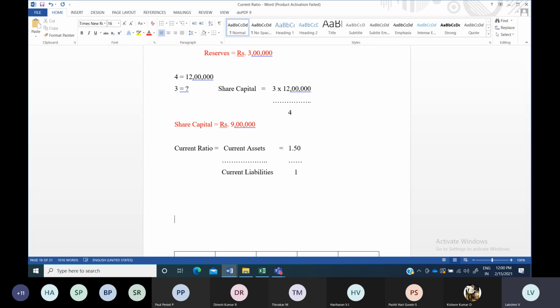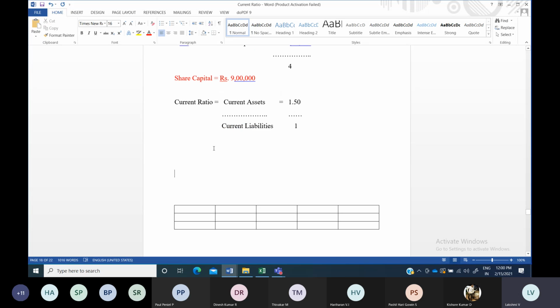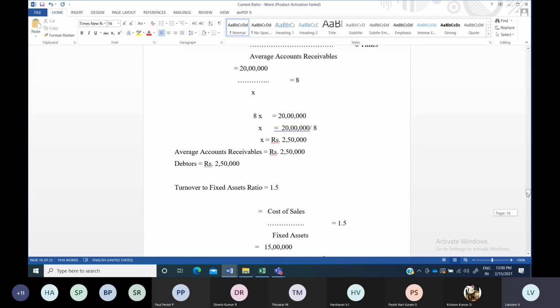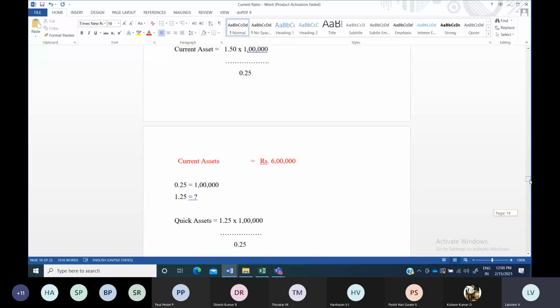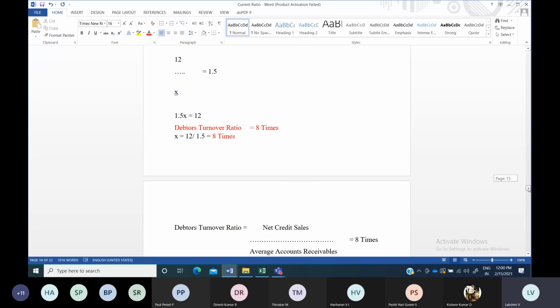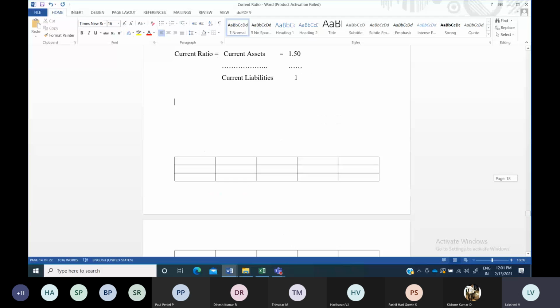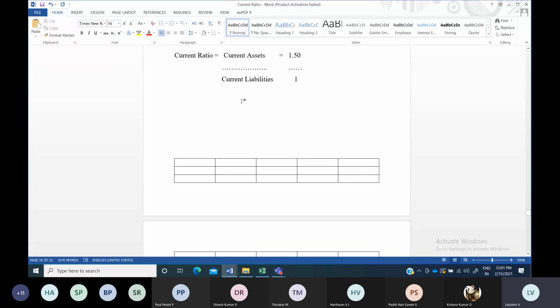Now, current assets we know already, we have found out that amount. If you go through previously, you can come across it. Current assets of 6 lakhs we found out already in the last session. Okay? So 6 lakhs we found out already.